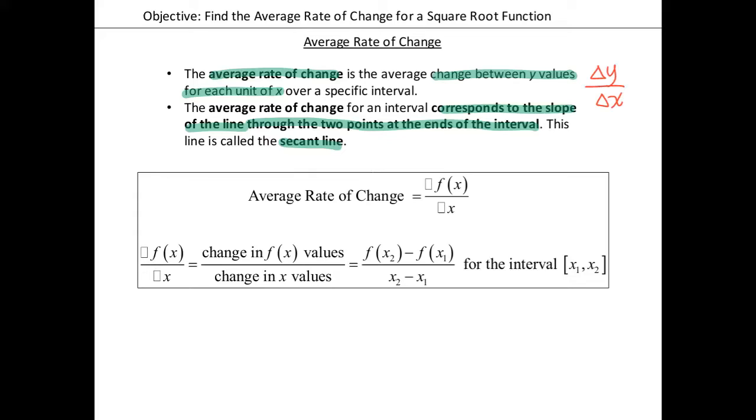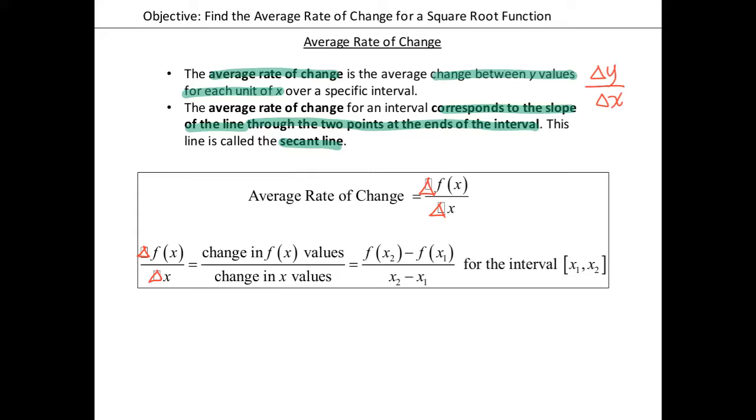Okay. So we have the formula here, the average rate of change, and for some reason my computer doesn't read this, but that's supposed to be triangles in front of that. That's the change in f of x over the change in x. So the formula is the change, and that little triangle means the change, in f of x over the change in x values. So we subtract the two function values over the x's subtracted for the interval x1 and x2.